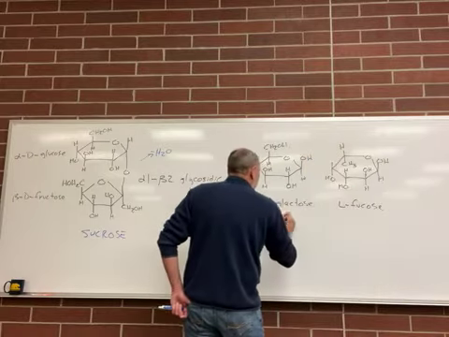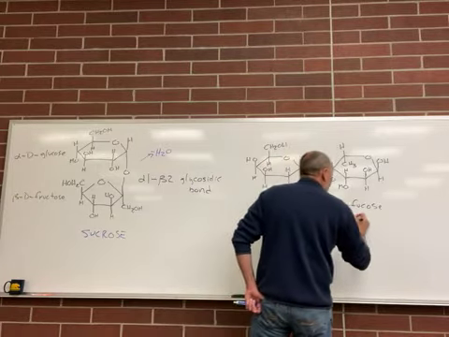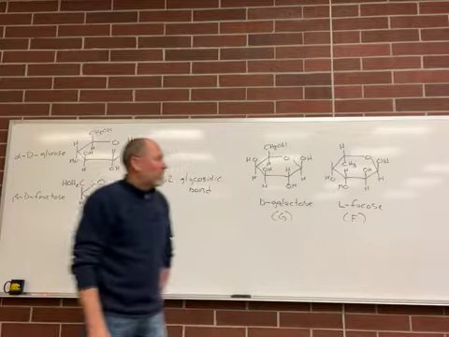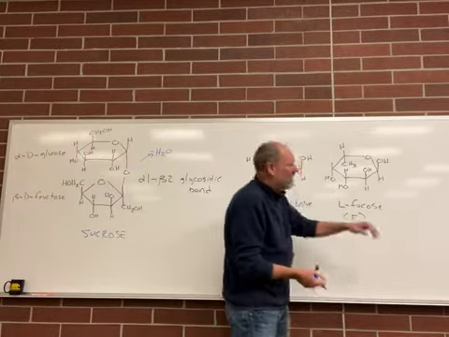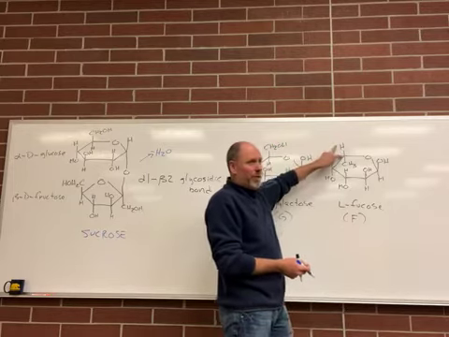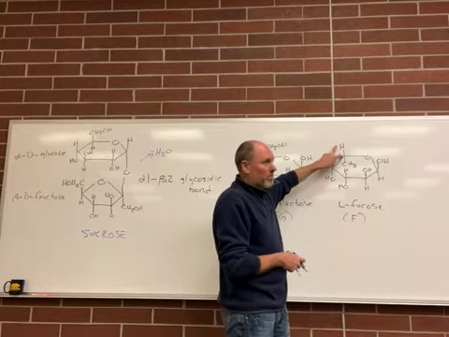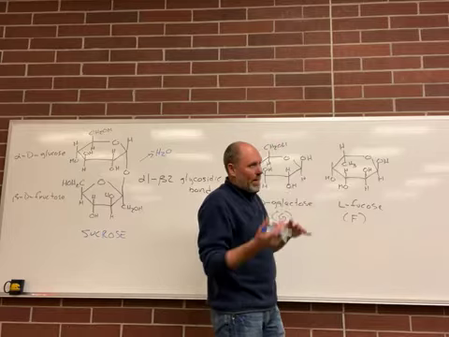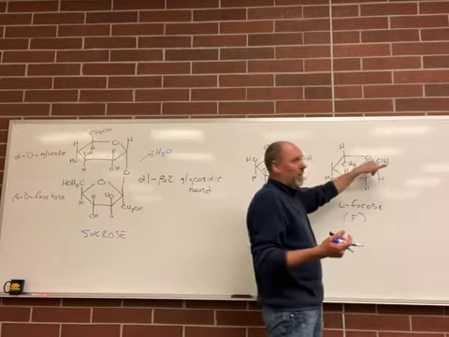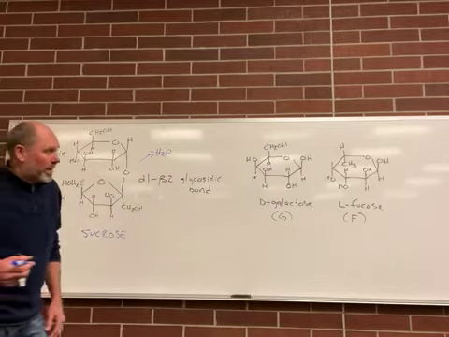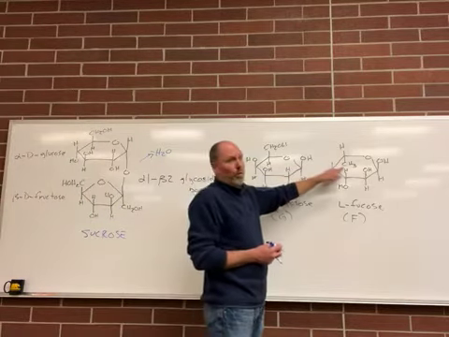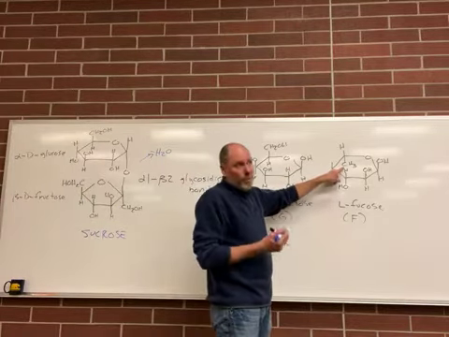Okay, I'm going to call this G, and I'm going to call this F. So fucose is kind of a weird one, and the reason why it's L is that it actually tilts to the right. It has to do with this being a hydrogen here. It's still right-handed, but it's left-handed because of the way this thing comes together. It's just one of those funny things with that 6 carbon being a methyl group instead of a CH2OH.